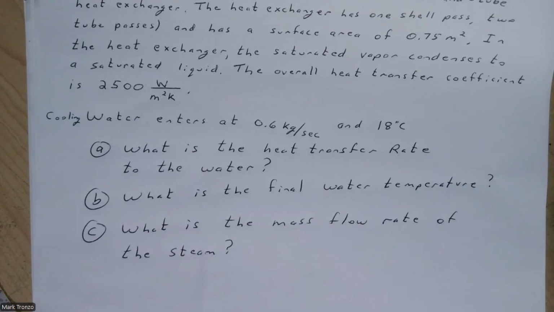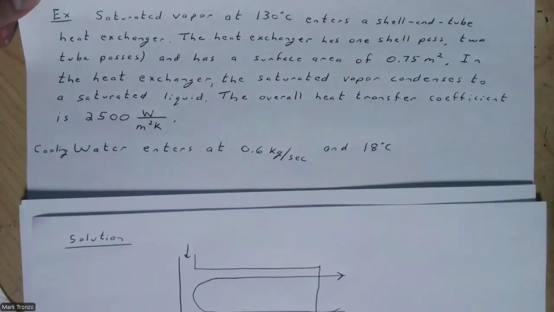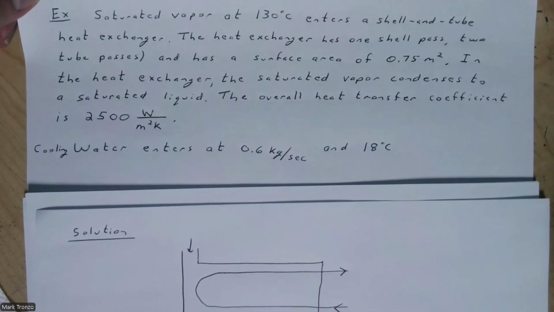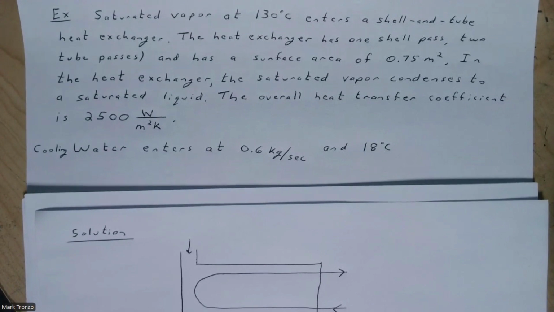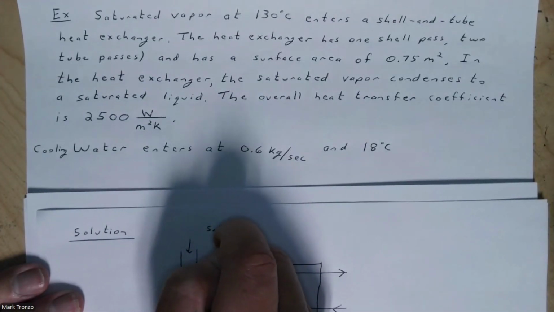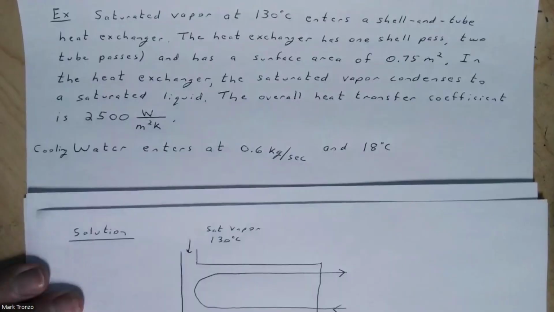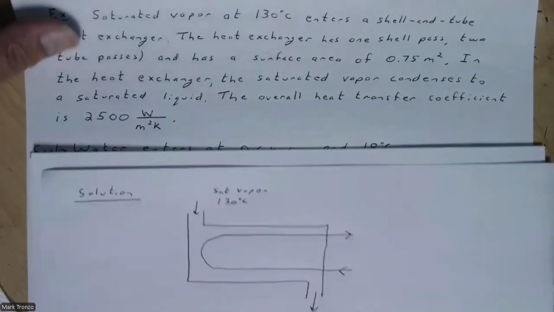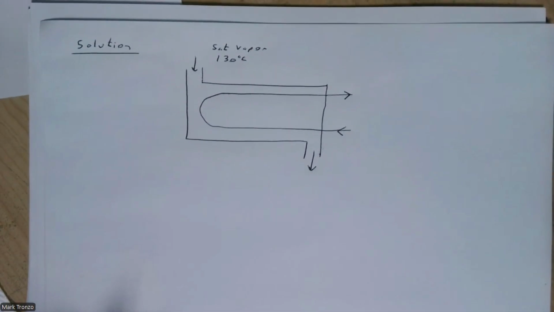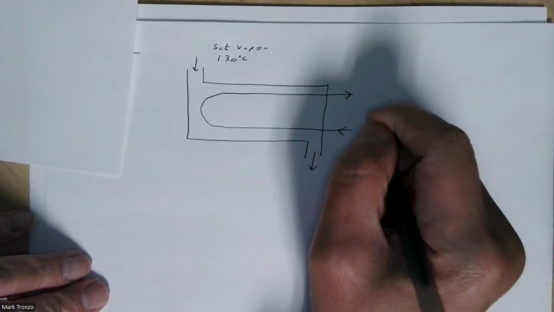So let's take a look at this. So I'll make a little picture here. Again, we have, as I mentioned, saturated vapor, and it's coming in at 130 degrees C. And then water is also coming in over here.